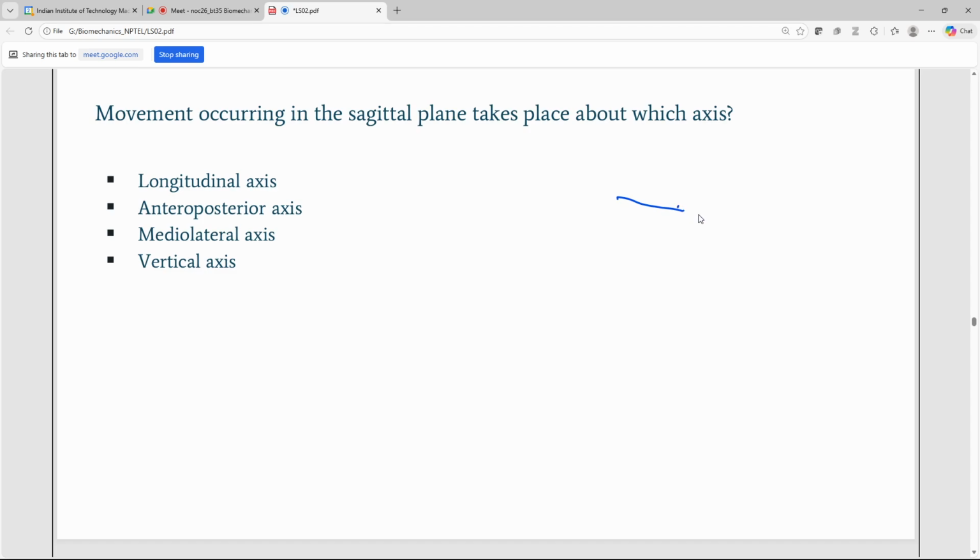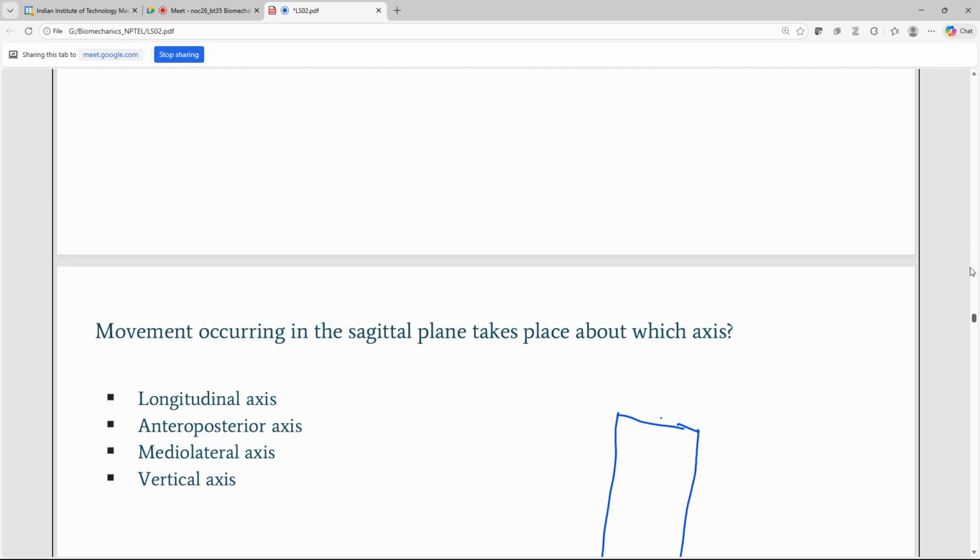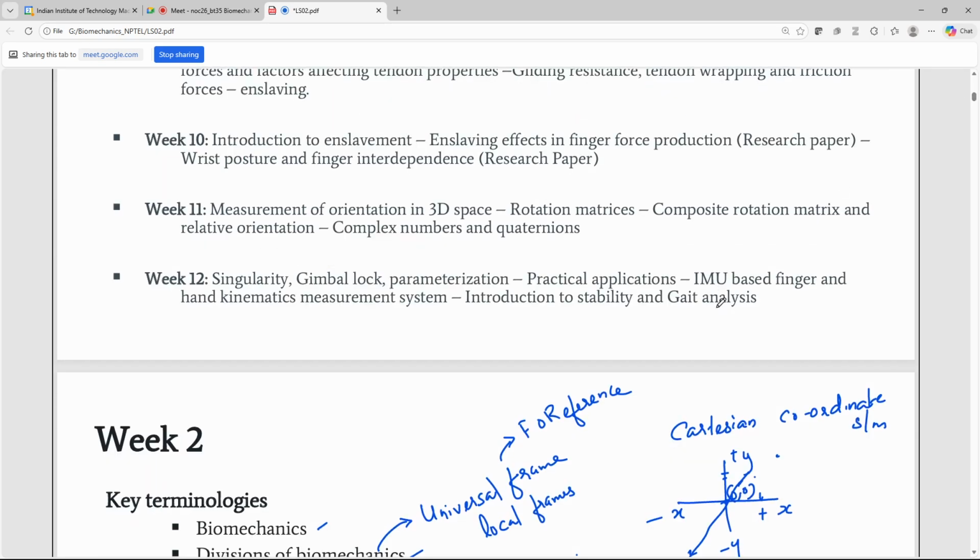Suppose this is one particular sagittal plane. It will be difficult. So let's go back.